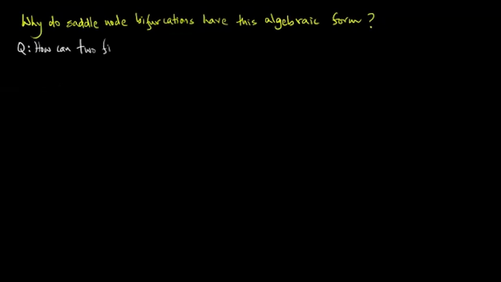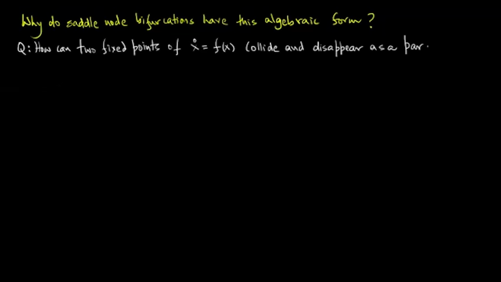So why do saddle node bifurcations actually have this algebraic form? So we pose a more concrete question: how can two fixed points of x dot is equal to f of x collide and disappear as a parameter r is varied? We first present a graphical argument.